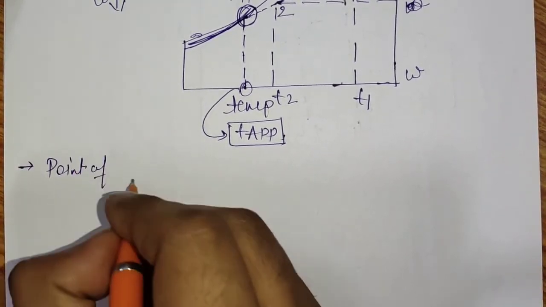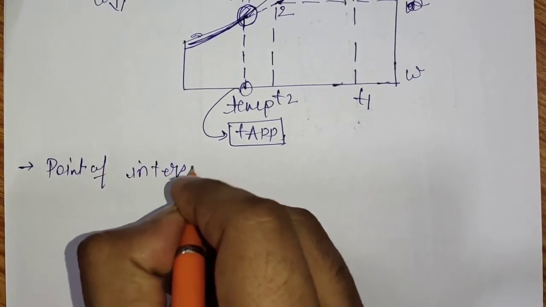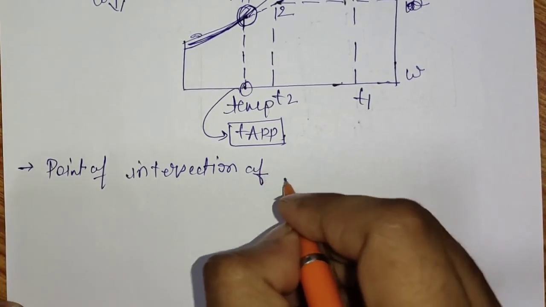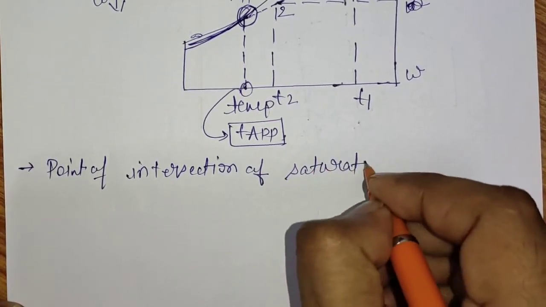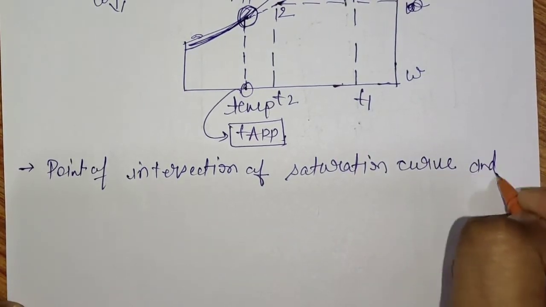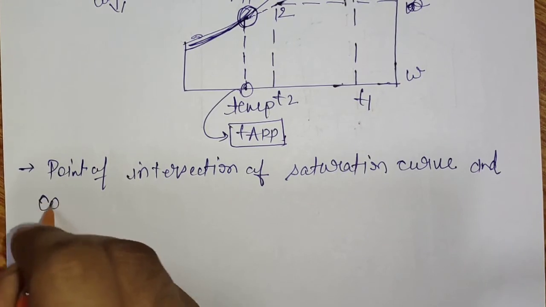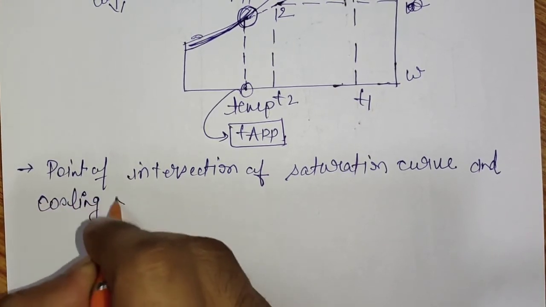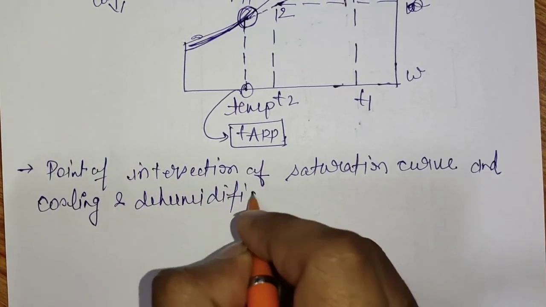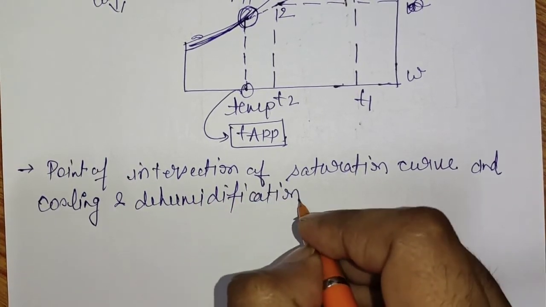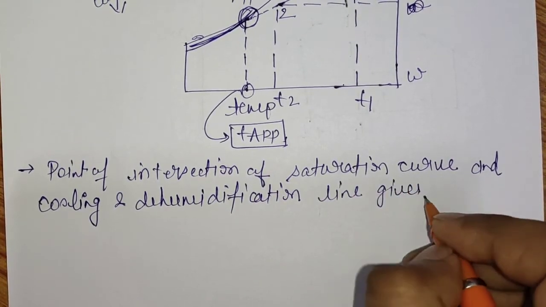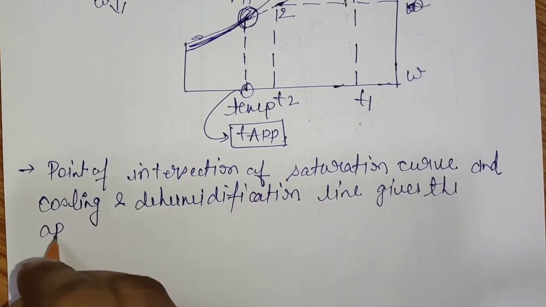The point of intersection of the saturation curve and the cooling and dehumidification line gives the apparatus dew point temperature.